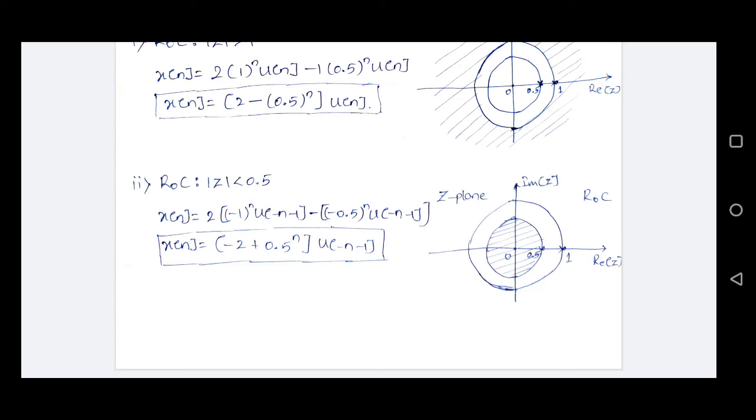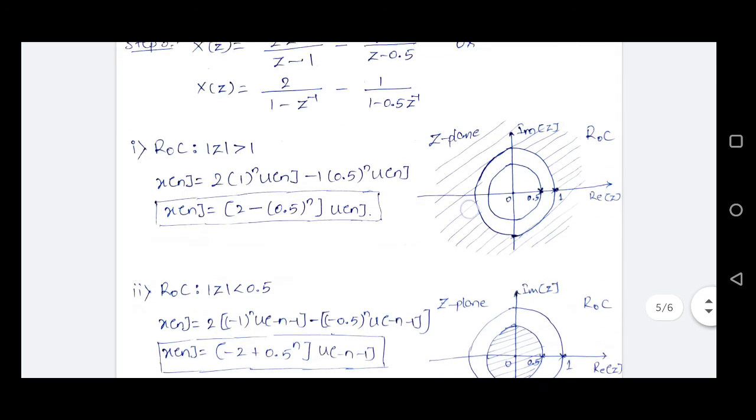If mod of z is less than 0.5, then the region of convergence will be inside the inner circle whose radius is 0.5. This means the discrete time sequence has to be a left-sided sequence.